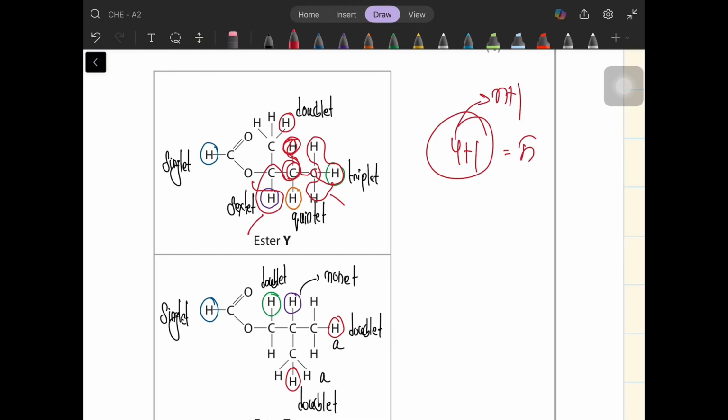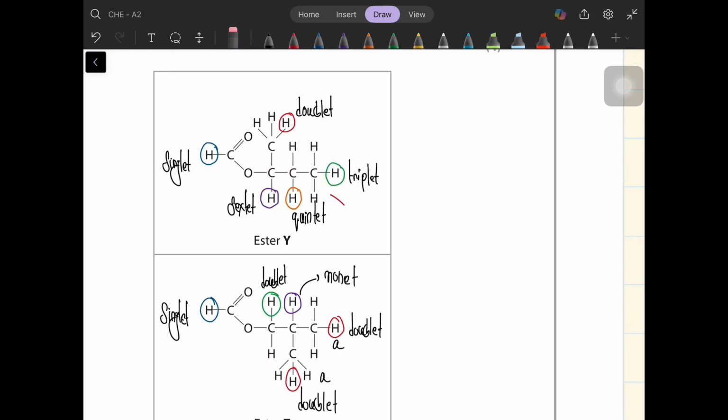So this environment is going to be a quintet, or a pentet works as well. This is what I've written. This carbon they have marked on this one. You can also circle this one and say this is going to be a quintet. It is basically the same thing.